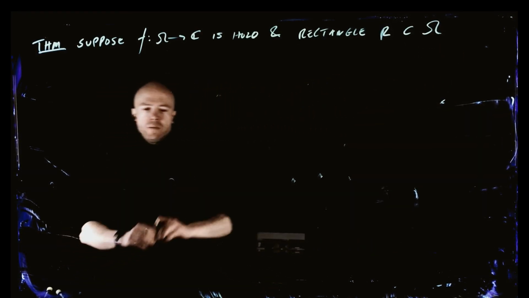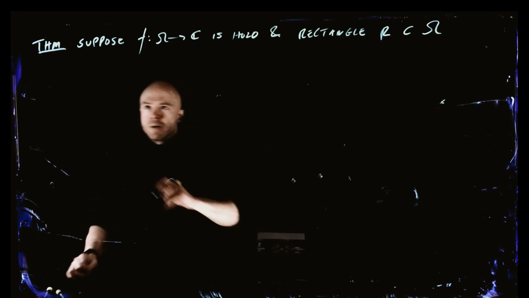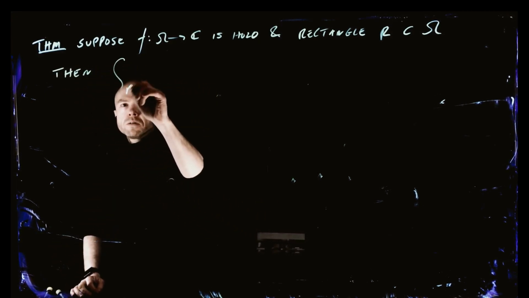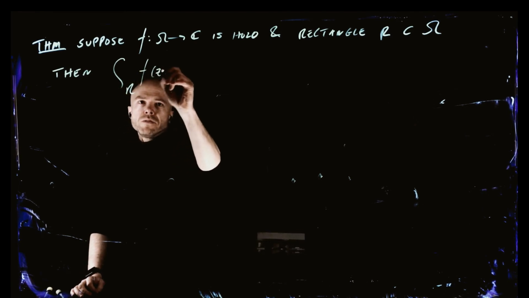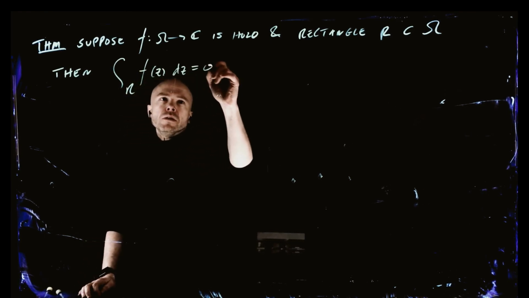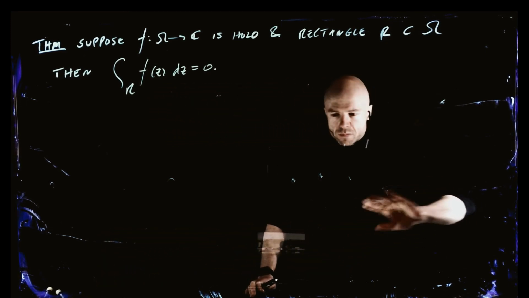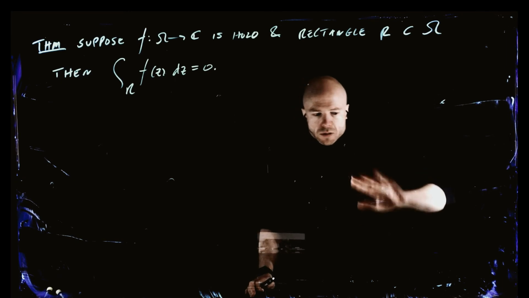When I say rectangle, I mean these four lines, not the solid rectangle. Then the integral around the rectangle, of f of z dz, equals 0. Tell me why that's true. Why is this true?